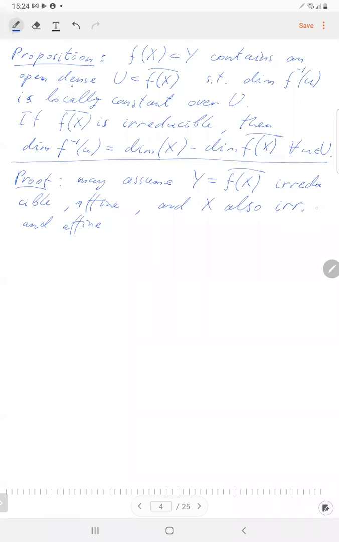I mean, everything is clear, maybe, except for irreducibility of X. But then, if you prove the above proposition claim for each irreducible component of X separately, then it follows for the whole of X. Okay, so now let's prove the following key lemma. This key lemma is essentially a Noether lemma. I will explain this. So then there is again an open subset of Y.